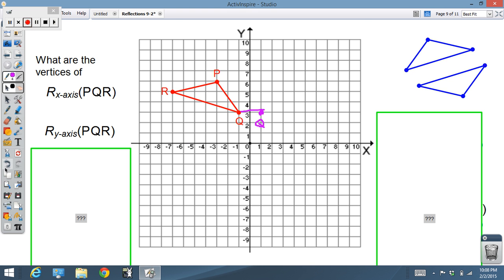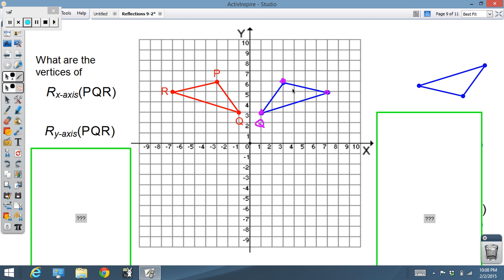Got it? From P prime, we're going to go over 3, over 3. And from R prime, looks like I'm over 7, over 7. Okay, and in this case, undo that. In this case, I'm going to end up with a figure that looks like that: P prime, Q prime, R prime, with a reflection over the y-axis.